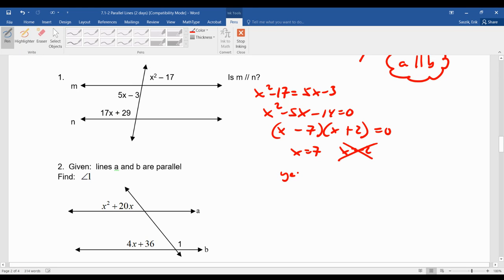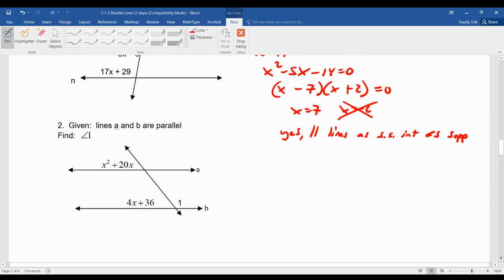So yes, parallel lines, as same side interior angles are supplementary. That's what we wanted to try to show. If these are supplementary, which they ended up being, that's parallel lines.